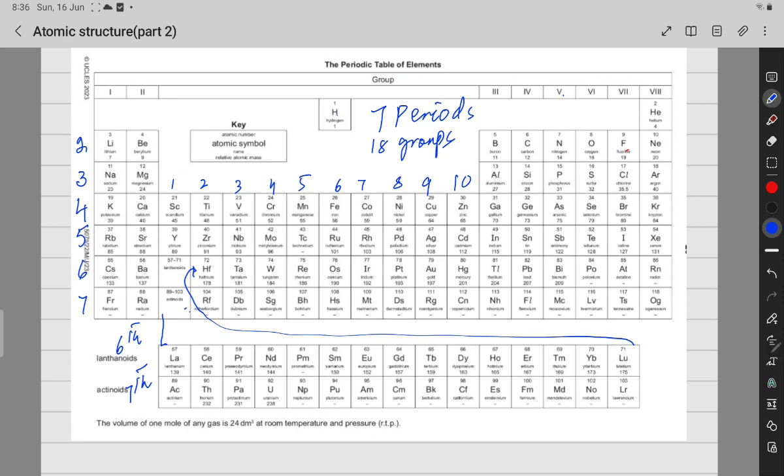It means that out of 18 groups, 8 groups are for normal elements, groups 1 to 8, and 10 groups are for transition elements. These are the transition elements.